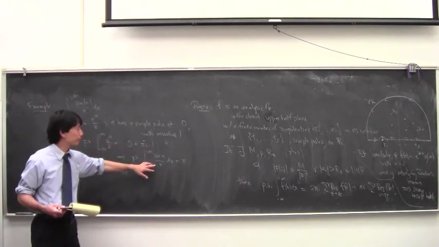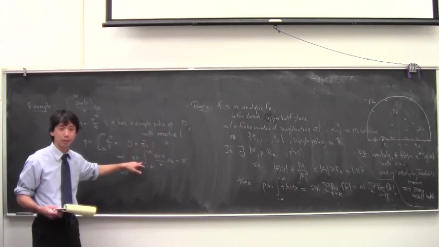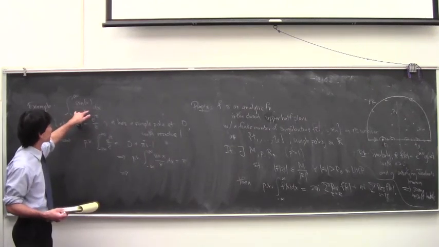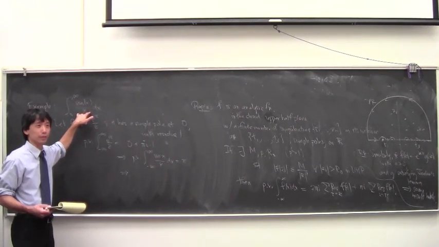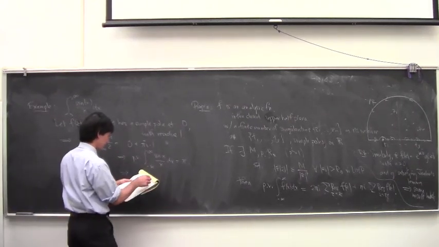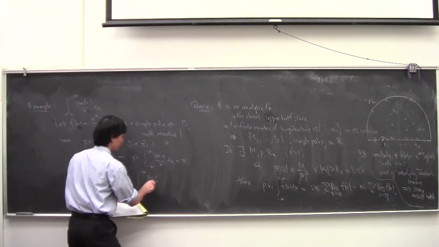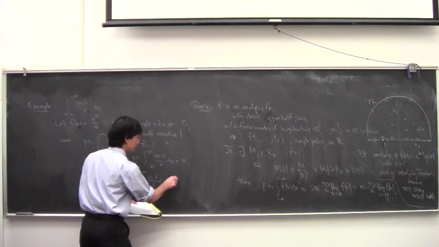Well, this is an even function, right? Sine x over x is an even function. And so the principal value integral converging means that each of these is going to converge, right? And they're going to give you half of that, right? So the integral from 0 to infinity of sine x over x actually exists, and it's pi over 2.